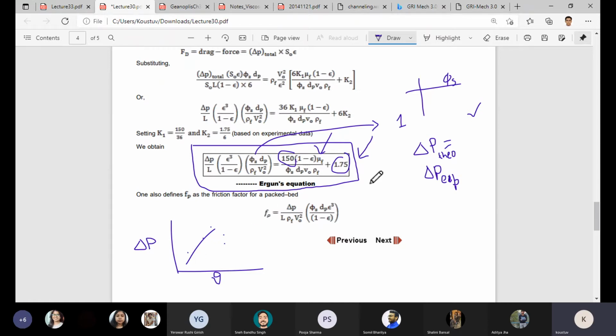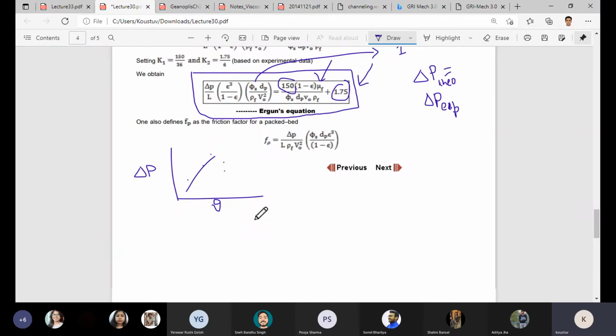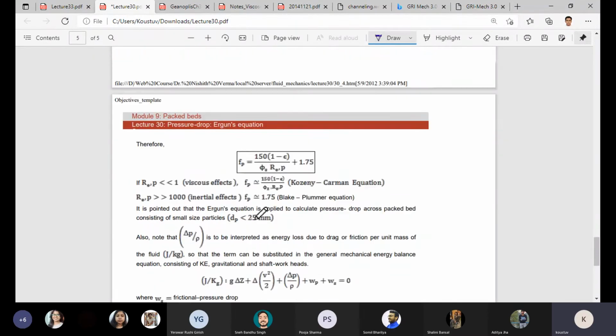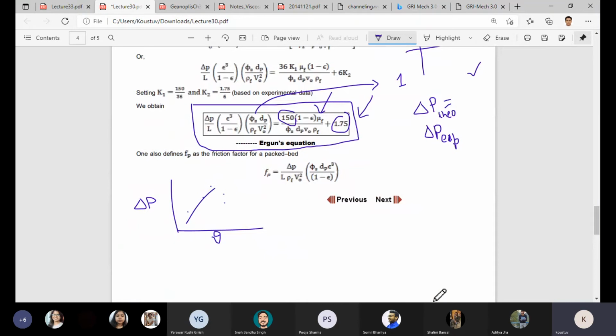One may extend this idea to also calculate the friction factor across the bed. These two are essentially required in packed bed experiments. I will show you the observation table, so that you get an idea of how to go about report making.